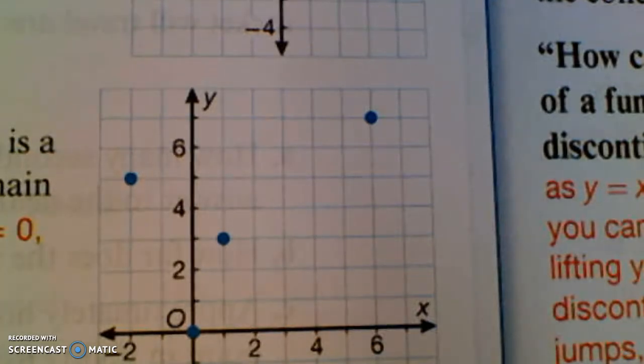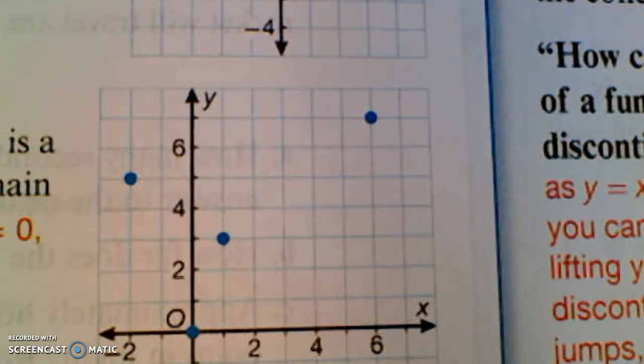What x values are represented by those 4 points? -2, 0, 1, and 6. I agree. What about the range? Which y values are represented? 0, 3, 5, 7.